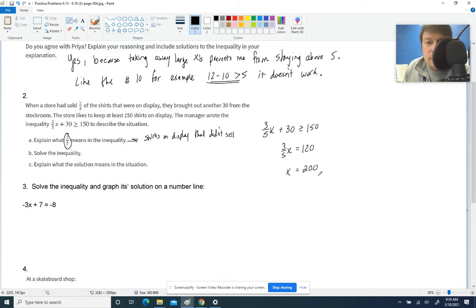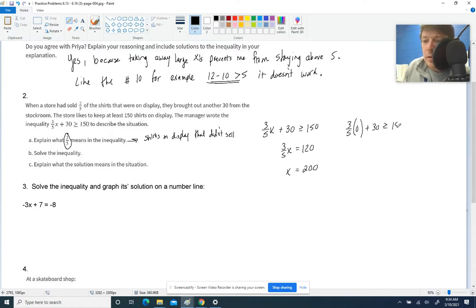X is 200. Now remember, x was representing the shirts that were on display, but we don't have to worry about that right now. We've solved it. It's 200, but we haven't decided if it's a greater than or less than kind of thing. So let's go back and do a test with 0. 3/5 of x. Let's make x 0.